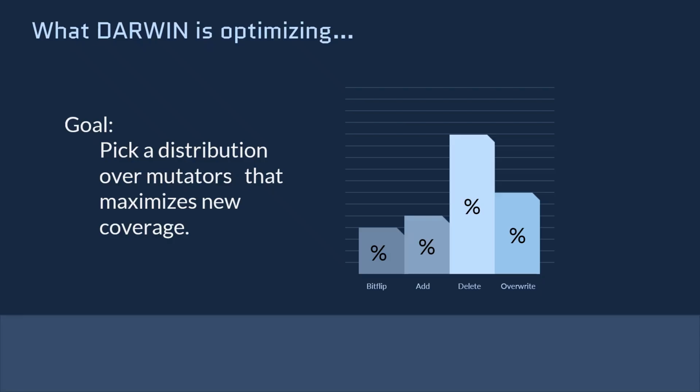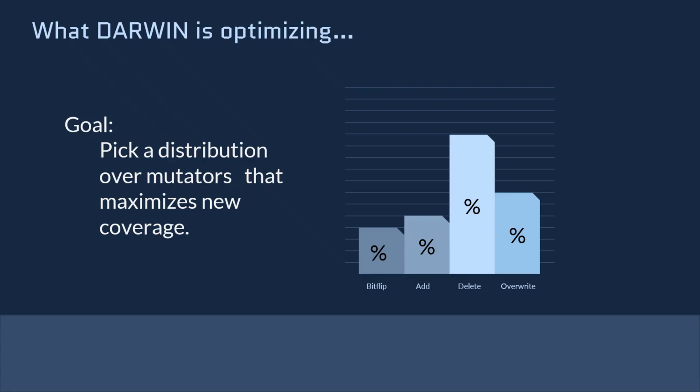So after looking at that process and the logic behind Darwin's system, we can see what it's trying to optimize. We have this set of mutation operators such as bit flip, add, delete, overwrite. Those are just a few examples, but there are many more.